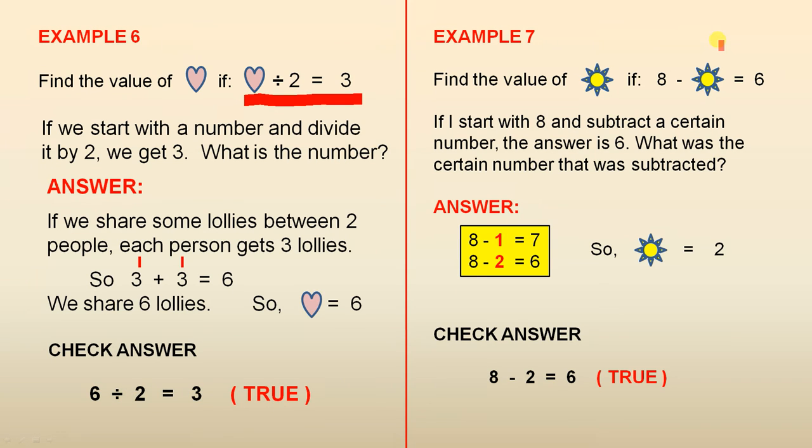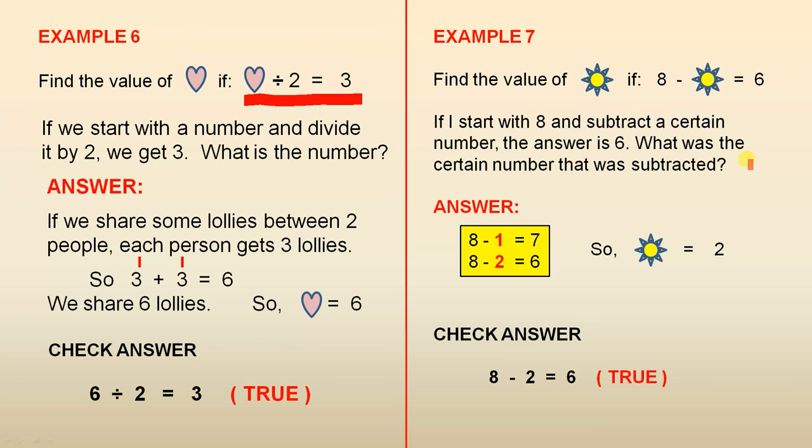Example 7. Find the value of the sun if 8 minus the sun equals 6. If I start with a number, 8, that's the number we start with, and we subtract a certain number, the answer is 6.